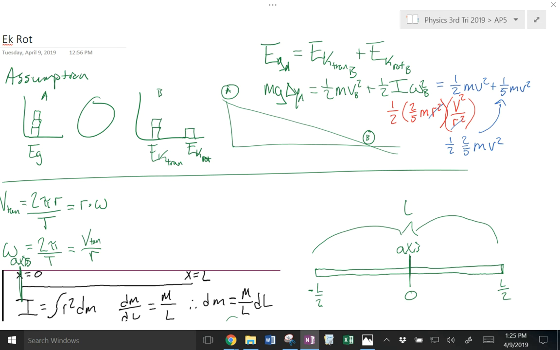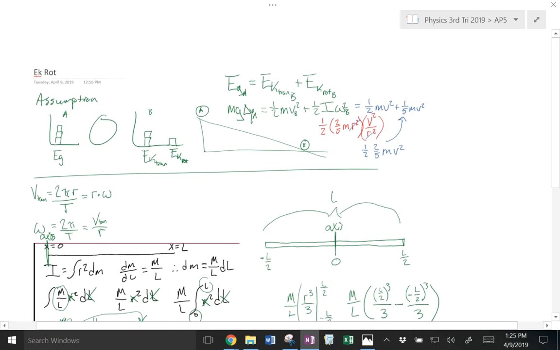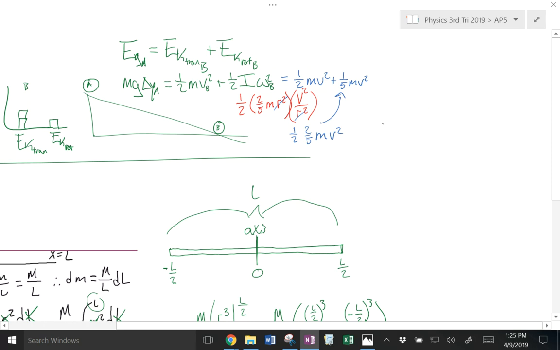So this would have been the way to get the corrected value for the velocity, because now what I'm going to do is take this over here: mg delta y equals 1/2 mv squared plus 1/5 mv squared. So 5/10 mv squared plus 2/10 mv squared.